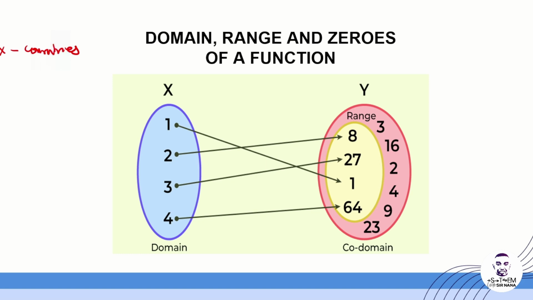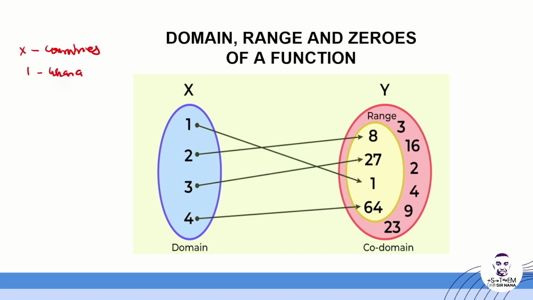Let's say that the 1 in the X value represents Ghana, our home motherland, and then the 2 represents Cote d'Ivoire, and then the 3 represents a country, let's say Netherlands. And then the 4 here represents South Africa.